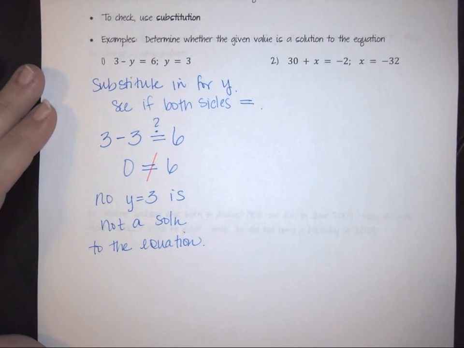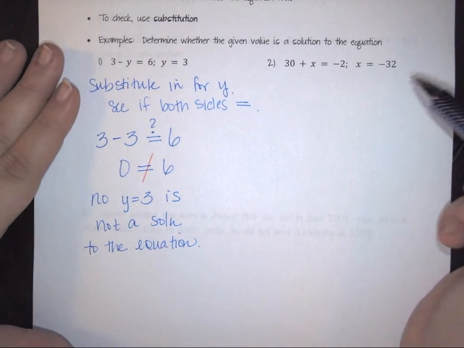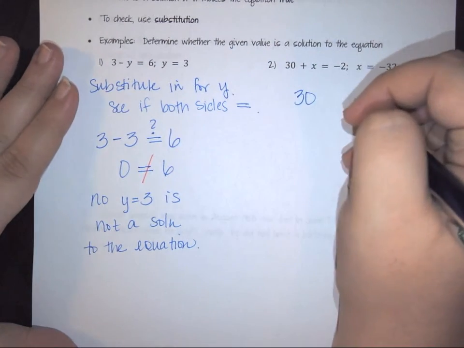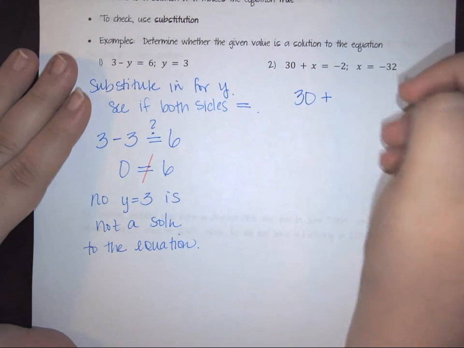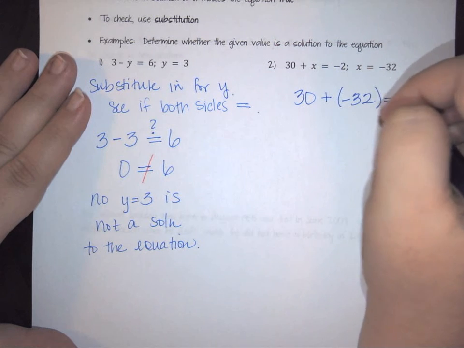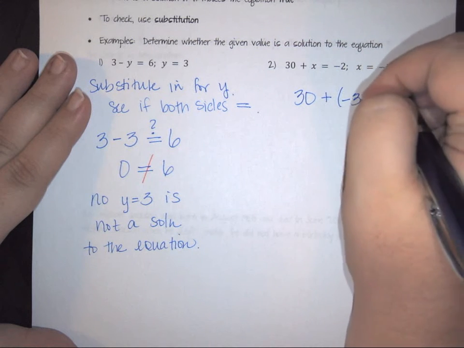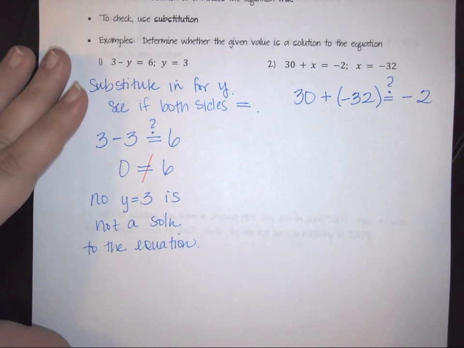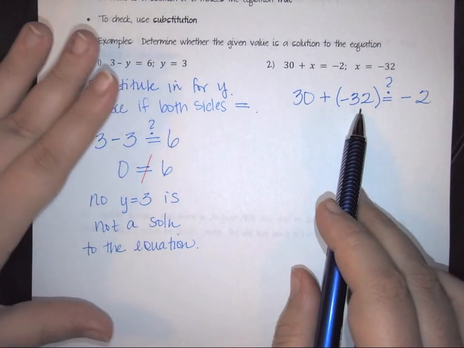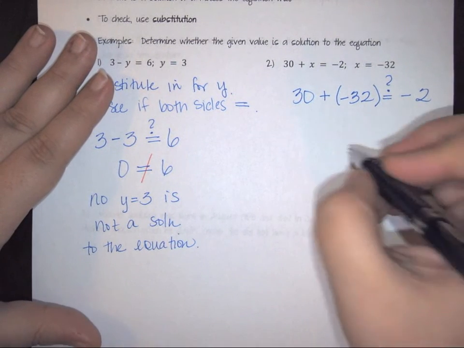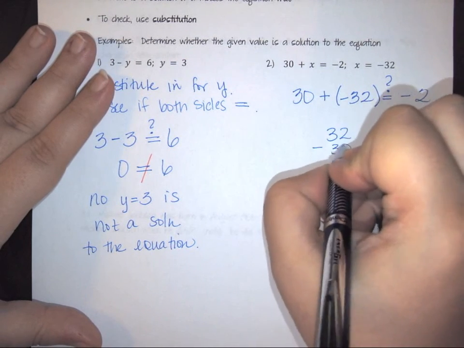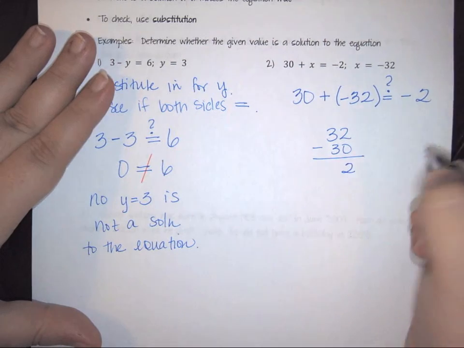Okay. So we can do the same thing over on the other side. Here we have 30, and then we have plus a negative 32 is going to equal a negative 2, and this is what we're checking. So 30 plus a negative 32, again we could do our 32 minus 30 gives us 2.